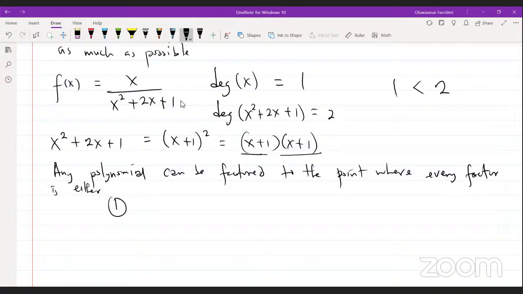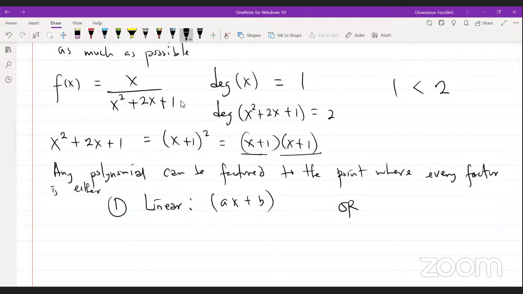Number one, the factor could be linear. What does it mean for the factor to be linear? This means that I can have ax plus b. Linear in terms of what? The degree of x. The degree of x is just 1.